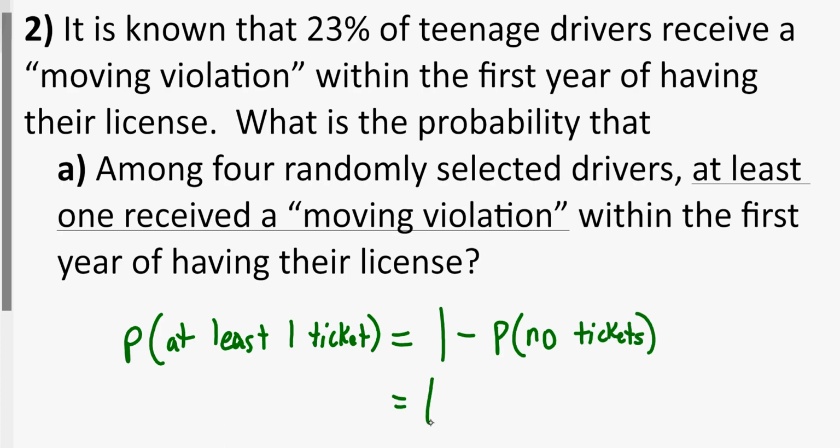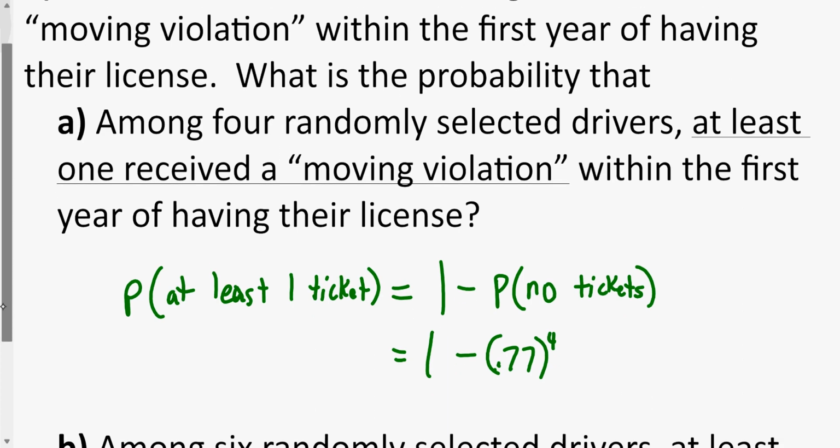I know the probability of not getting a ticket is 0.77, so that is 0.77 times itself, 4 times, and I can get my probability.